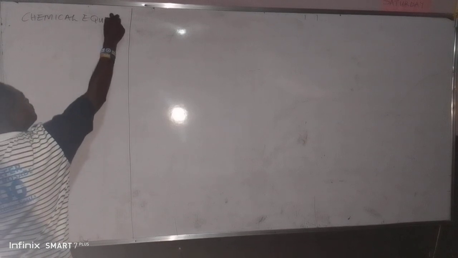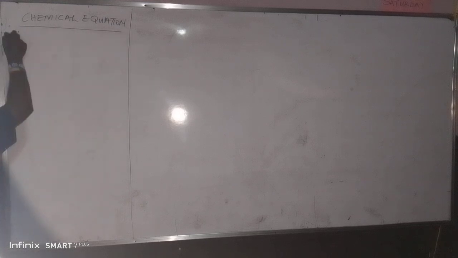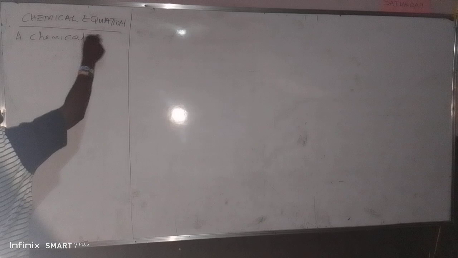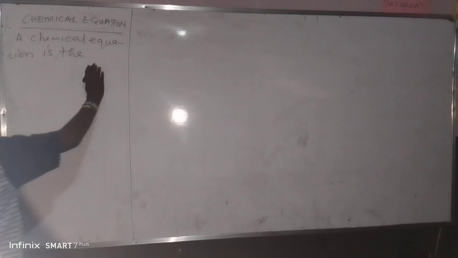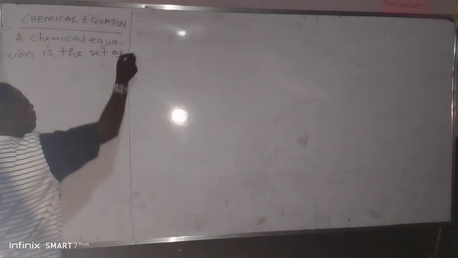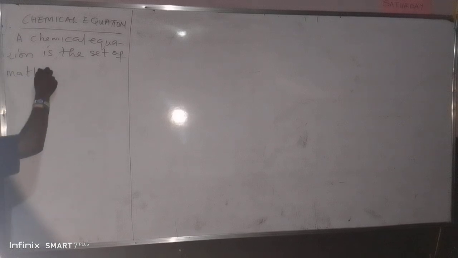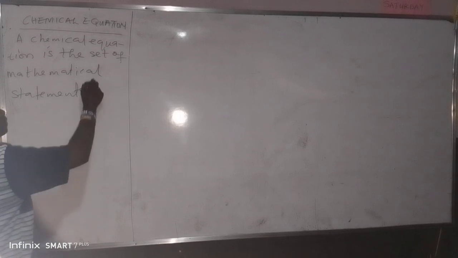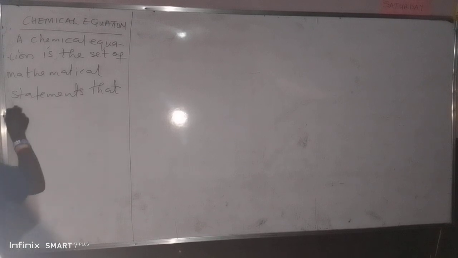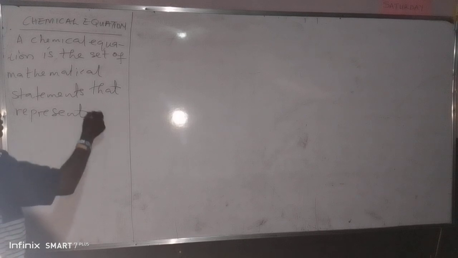Now today we are looking at chemical equation. So a chemical equation is a set of mathematical expressions, okay, mathematical statements that represents a chemical change.